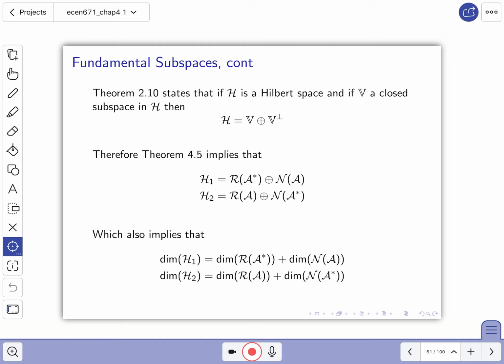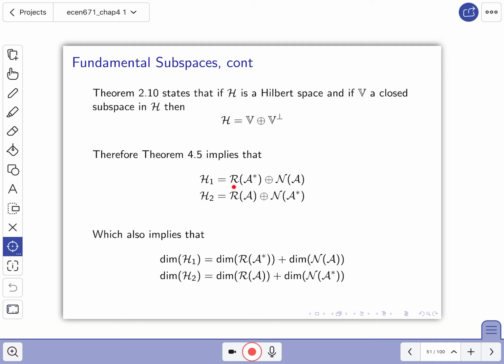This also implies the statement about dimensions because, of course, the dimension of this space is the number of linearly independent vectors. And so for H1, we have a certain number of linearly independent vectors.